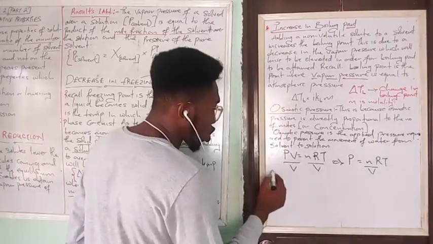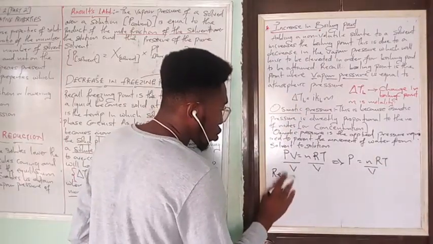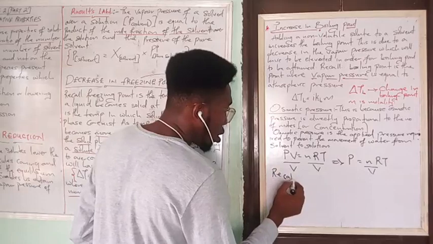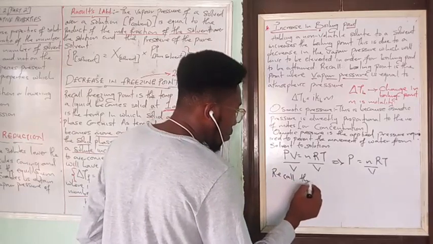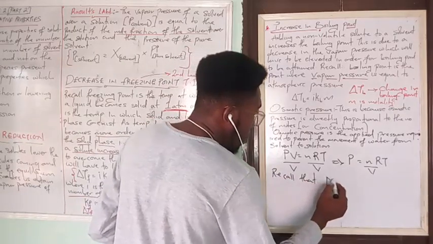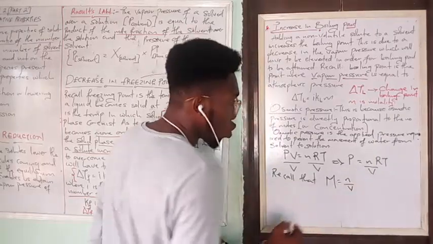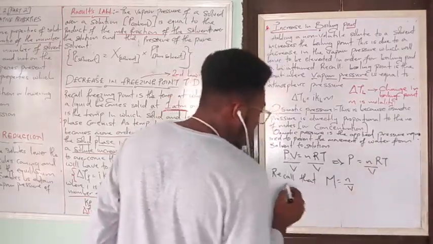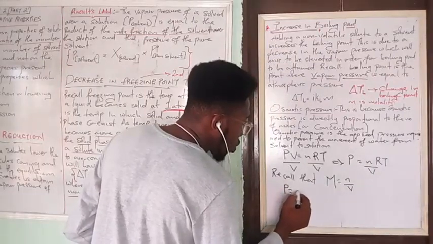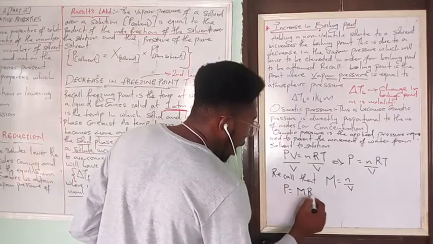Now, we can also recall that our molarity is equal to the number of moles over volume. So we can substitute that into this place, and we'll have P equal to MRT.